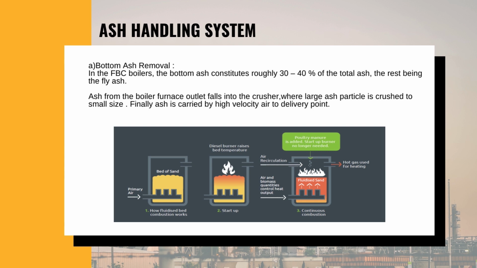The bed ash is removed by continuous overflow to maintain bed height, and also by intermittent flow from the bottom to remove oversized particles, avoid accumulation and consequent defluidization. While firing high ash coal such as washery rejects, the bed ash overflow drain quantity is considerable, so special care has to be taken.